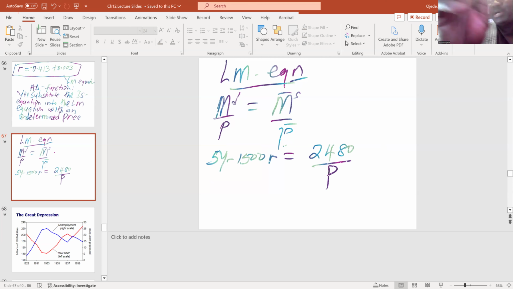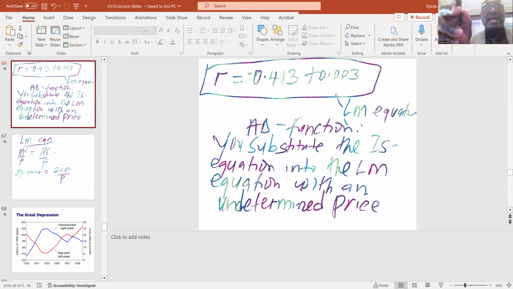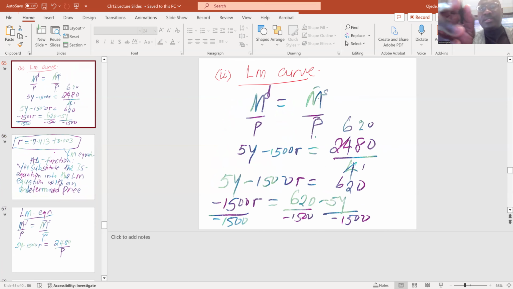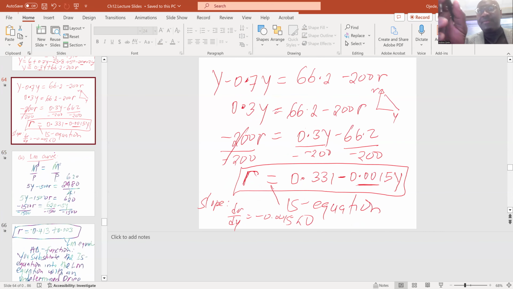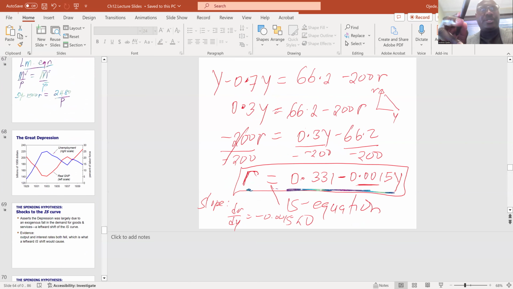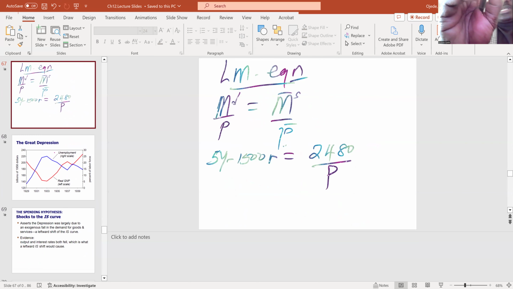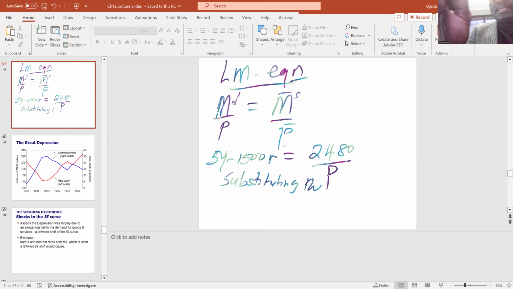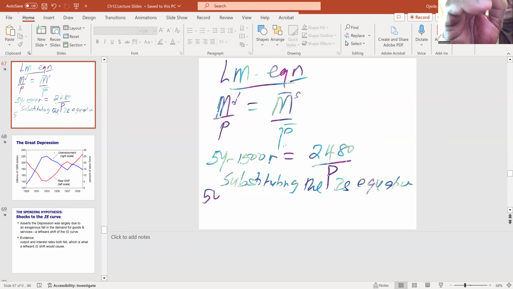This is your LM, but we have no substitute for price. Now we substitute the IS equation, which has already been expressed with R as the subject, as we derived earlier, into that LM equation. So this becomes 5y minus 1500, and where there's R, we replace it with the IS equation.